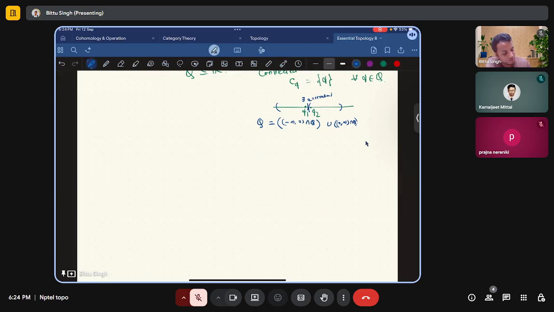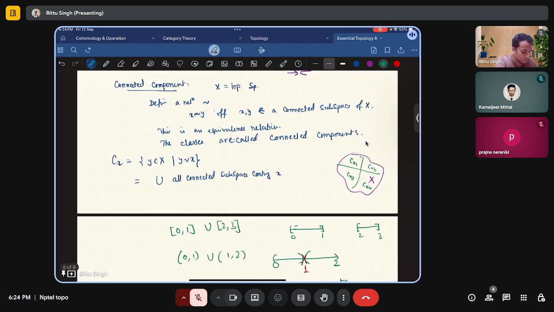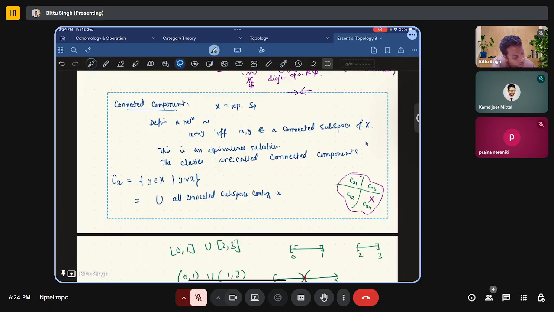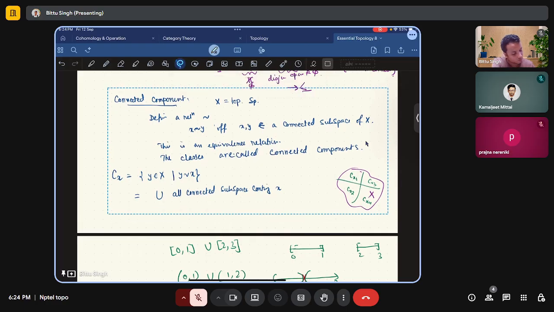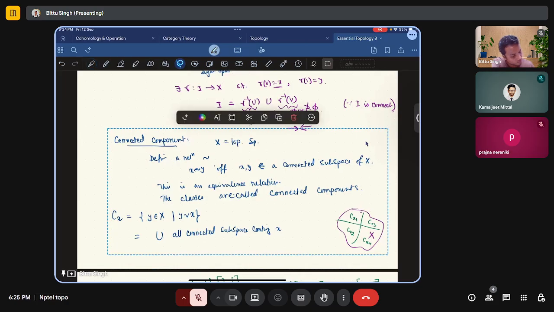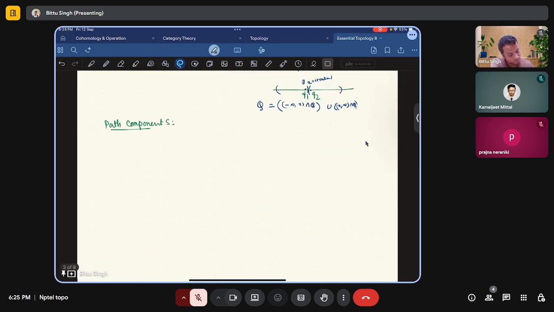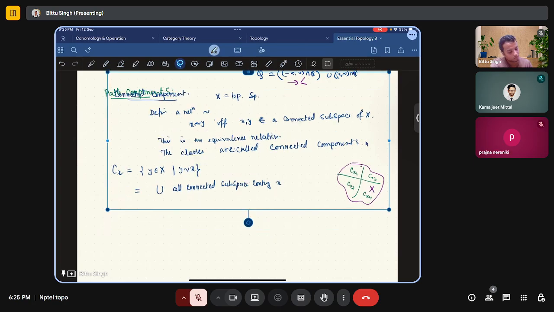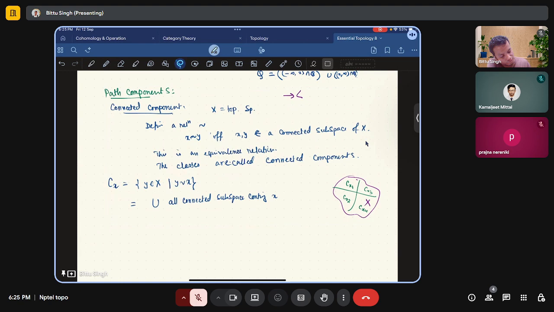Now similarly, we can define path components. Again, the same definition: I may copy the definition and replace some words.